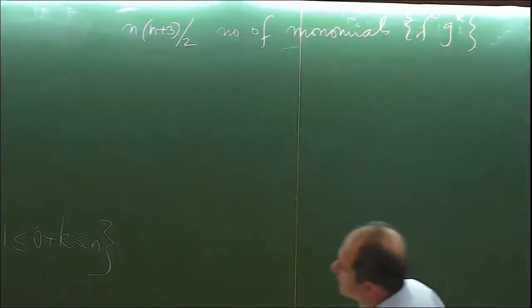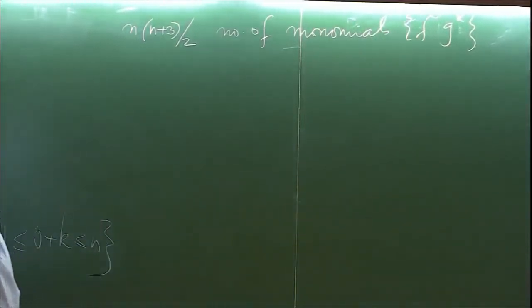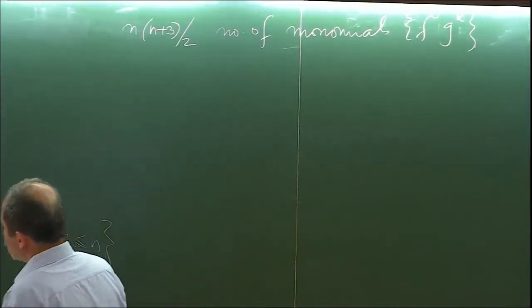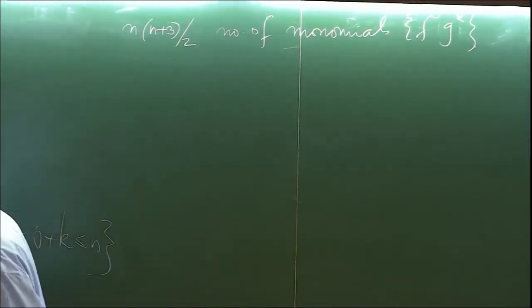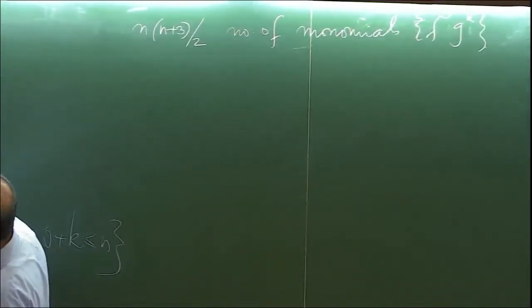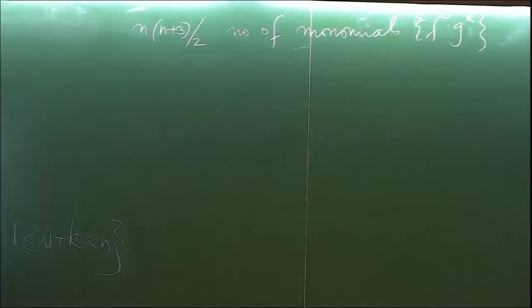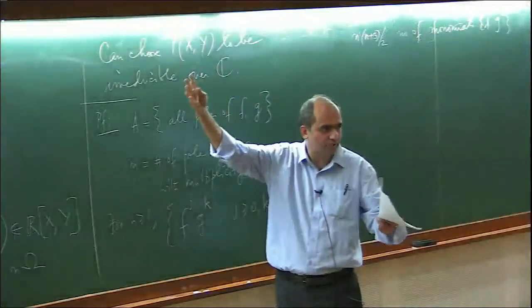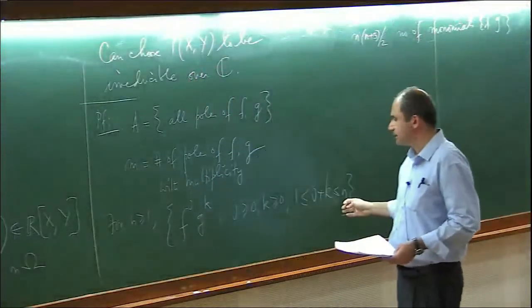On the other hand, if I look at any function of this form, f to the j, g to the k, its poles are all going to be in this big set capital A. I don't create new poles just by multiplying two functions, right? And the total multiplicity of the poles that are created this way does not exceed m, which is the largest number counting multiplicity, times n here.